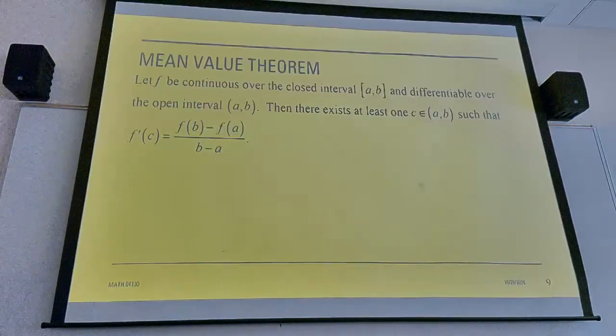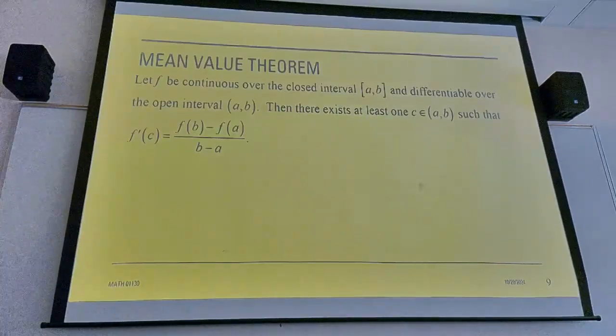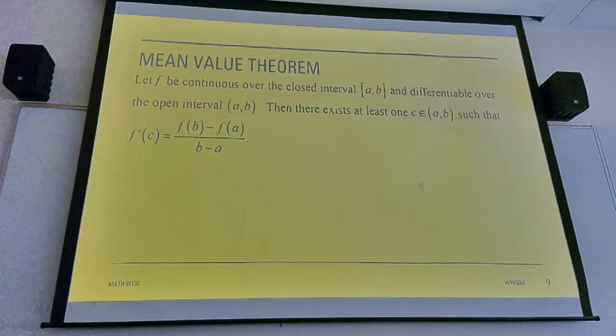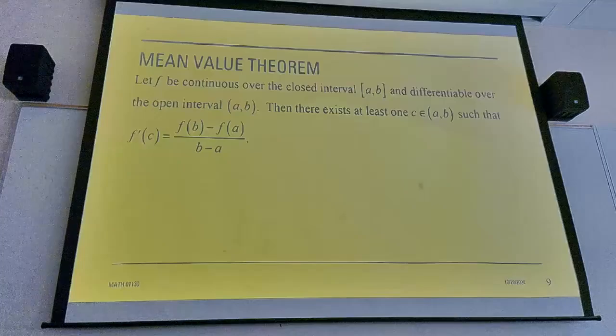It's the slope of the secant line, or if you're thinking physical, average rate of change. Right, delta y over delta x is an average rate of change over the interval.